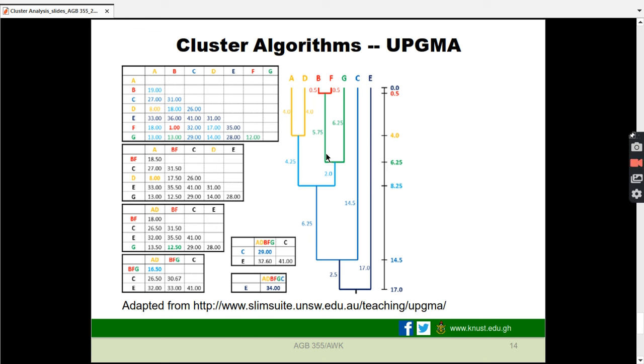Let's get to the next one. What's the least here? 16.50. It is linked by BFG and AD.